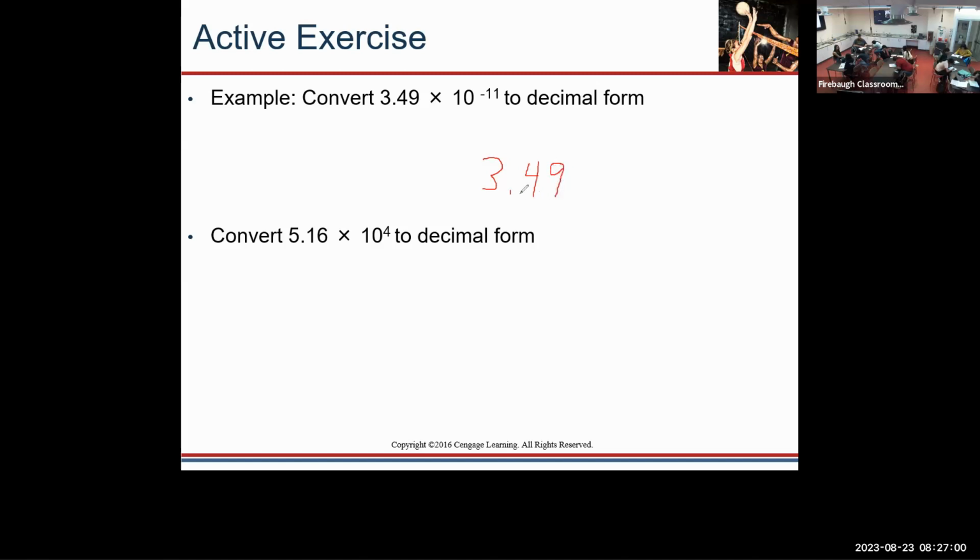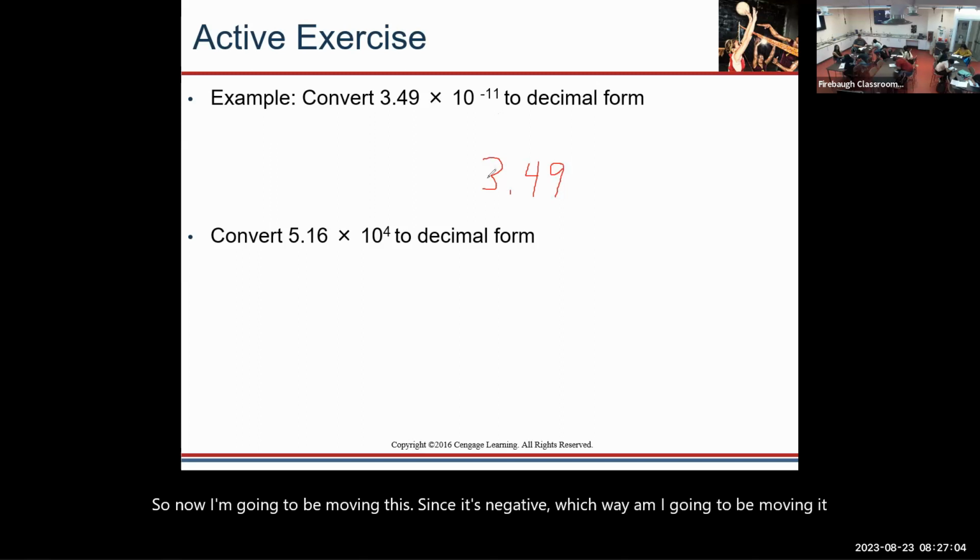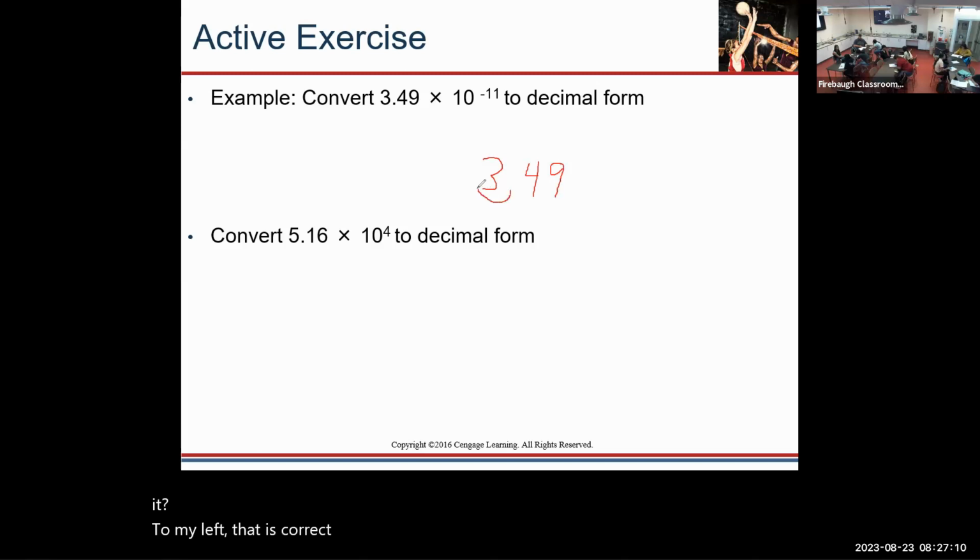So now I'm going to be moving this. Since it's negative, which way am I going to be moving? To my left. That is correct. So that's 1, 2, 3, 4, 5, 6, 7, 8, 9, 10, 11. So I put zeros in those points.